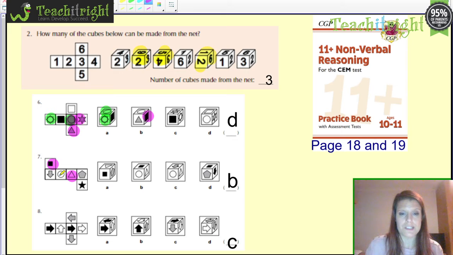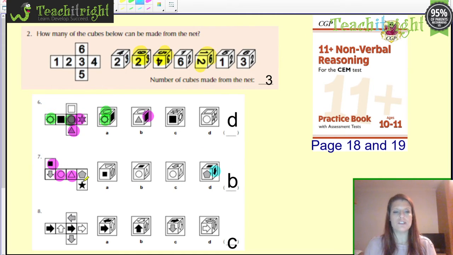It can't be option C, because the arrow shouldn't be pointing at the circle. If you look, you can see the arrow is sideways to the circle on the net, whereas in C it's pointing at it, so it can't be C. And it's not D, because we've got an alien shape here. This black arrow does not feature on the net. Okay, so that's your alien.